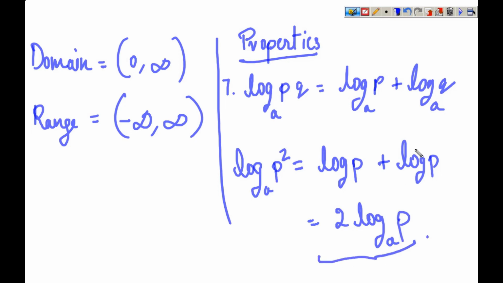Now here we have a special type of log function called the exponential logarithmic function, that is log to the base e of any number x. So e is a number between 2 and 3.